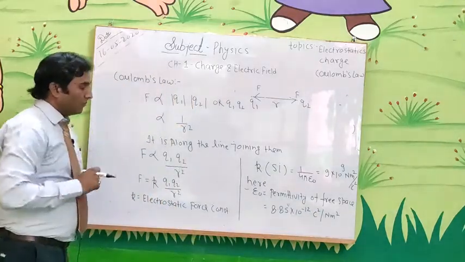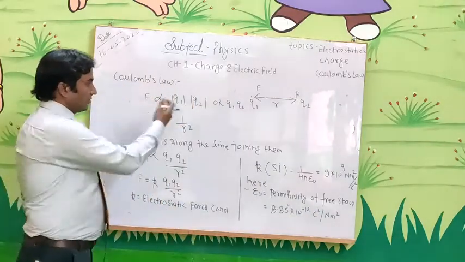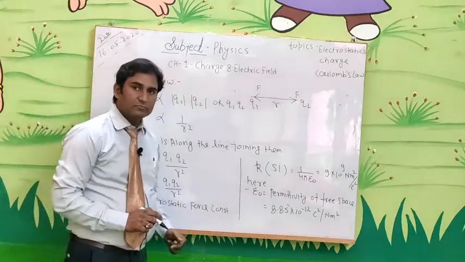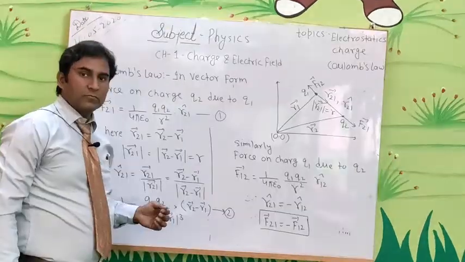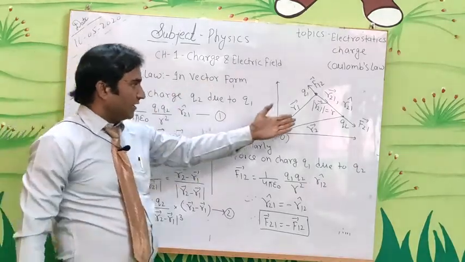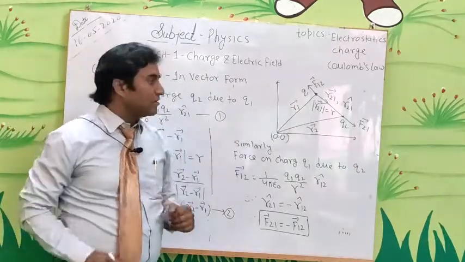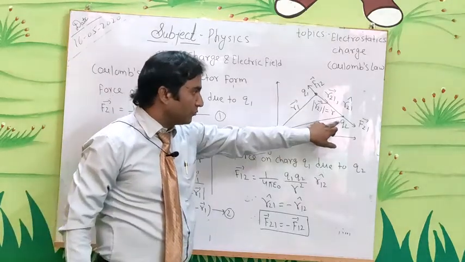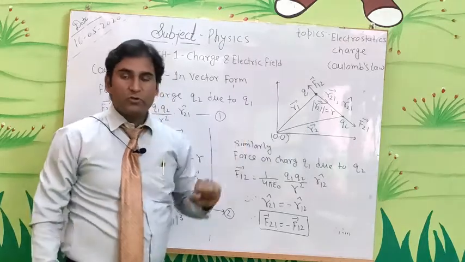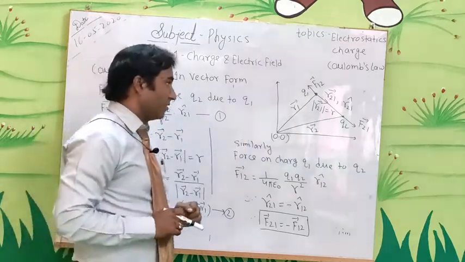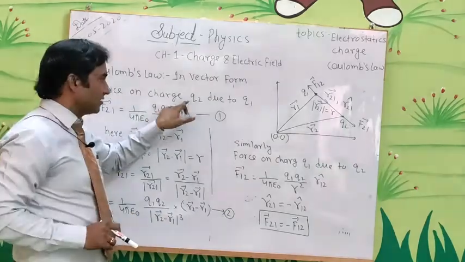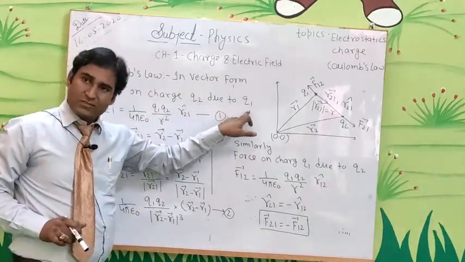Okay, now we can discuss the vector form of Coulomb's law. As we see in this figure, we have 2 point charges Q1 and Q2, and these have the position vectors R1 and R2 with respect to the origin. Now we have to find the force on the charge Q2 due to charge Q1.